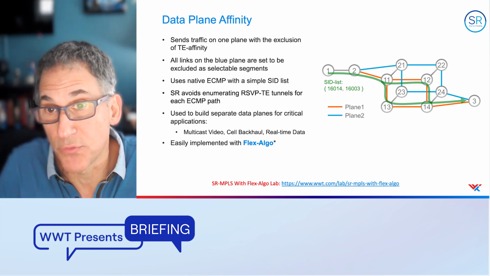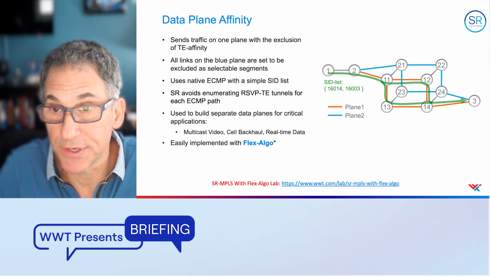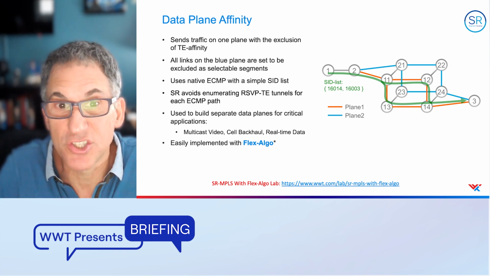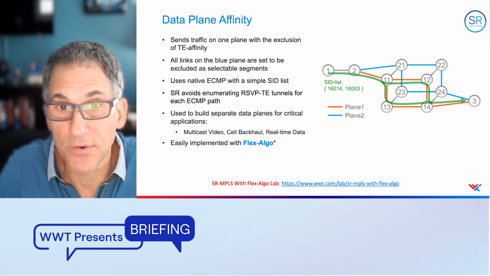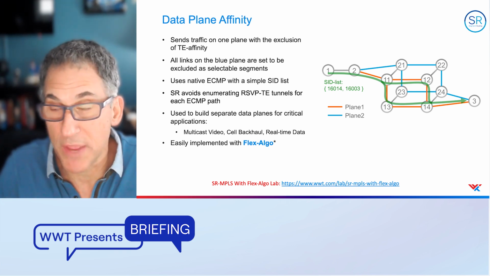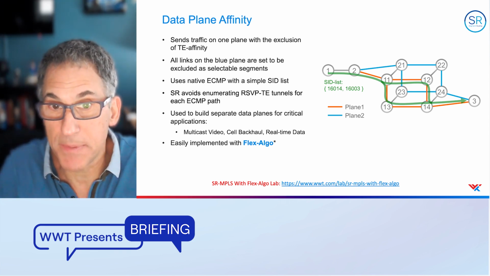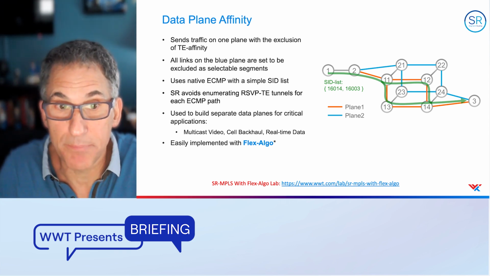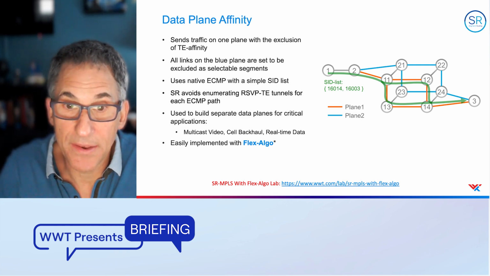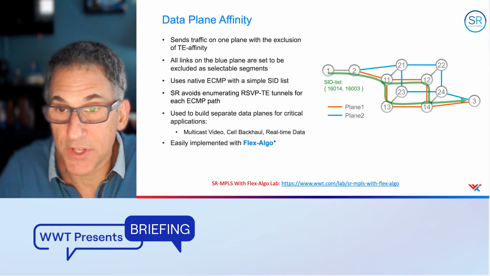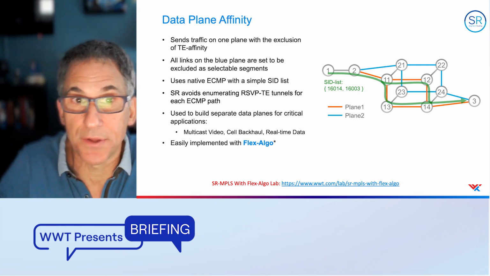Router 2 can forward the packet to 11, and 11 will load balance to 12 and 13. So that makes the SID list or the MPLS label stack very small. You don't have to enumerate these massive RSVP-TE tunnels. You get ECMP natively. Again, very common for multicast video, cell backhaul, and real-time data.